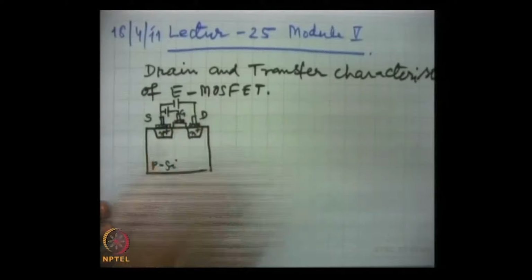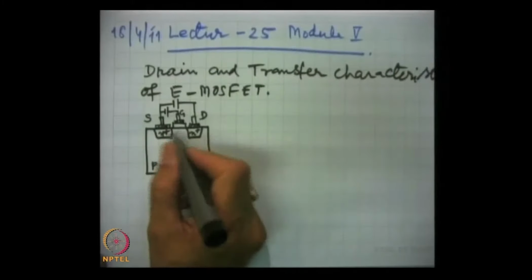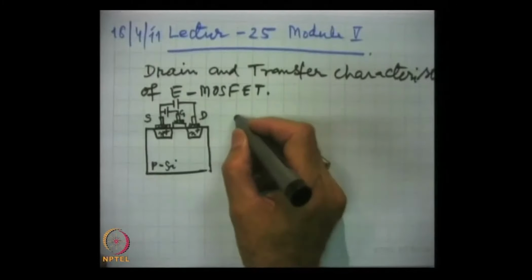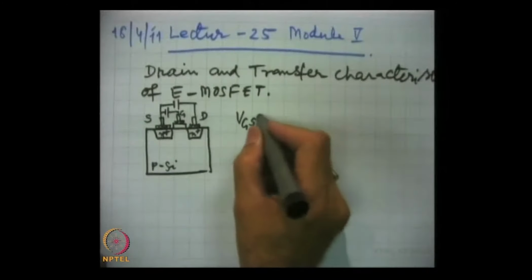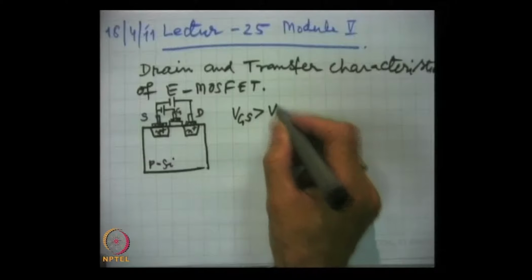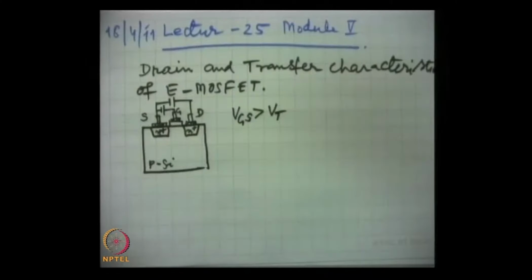This is gate, and once VGS, gate source voltage, is greater than the threshold voltage, it creates the channel by the inversion layer. This we have discussed in detail, how in enhancement MOSFET a channel is created. There is no implanted channel.